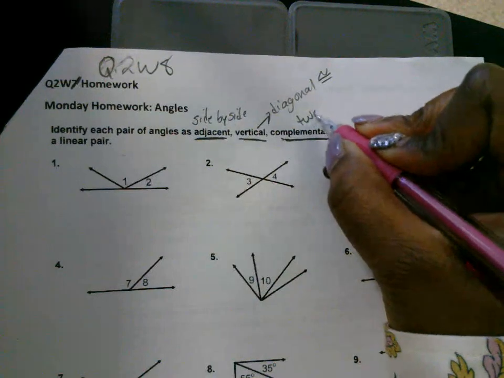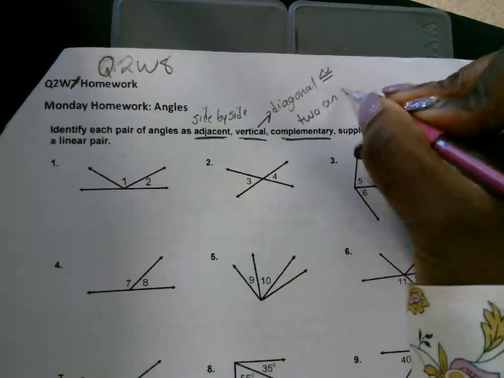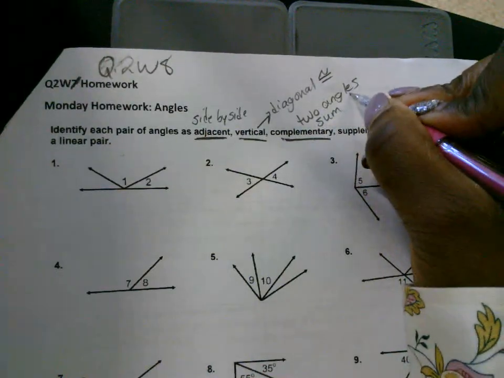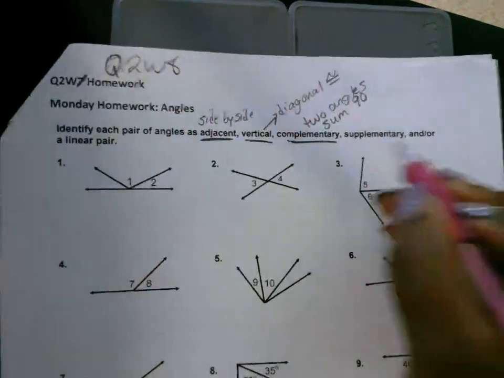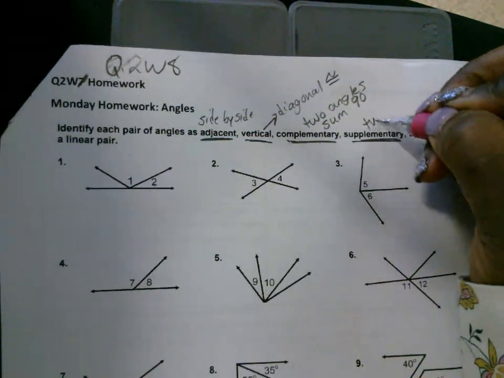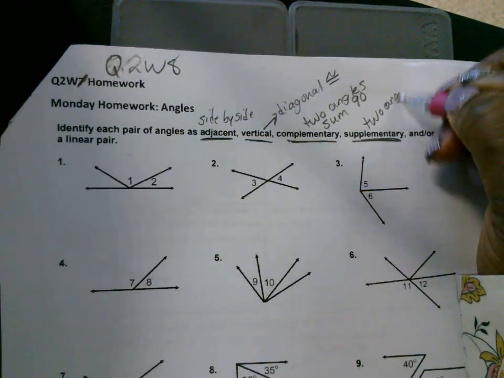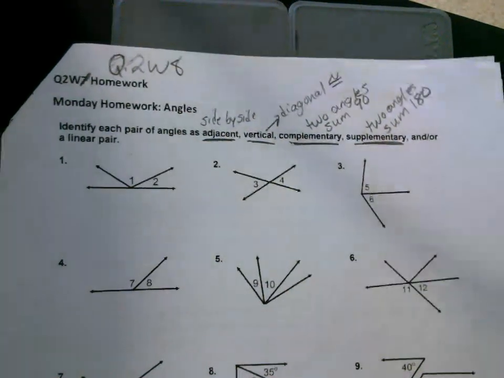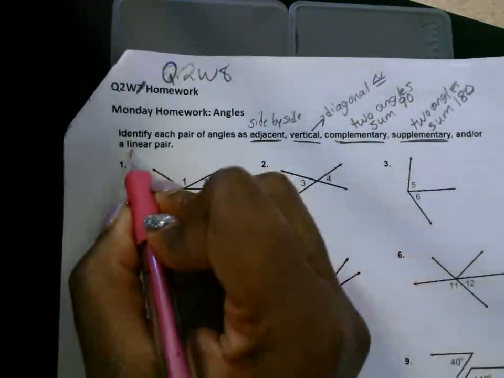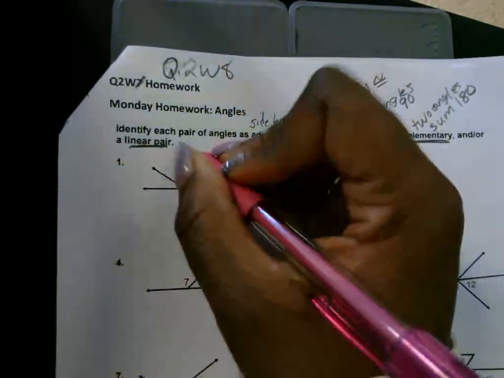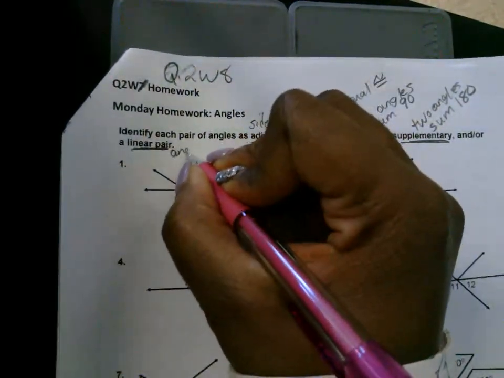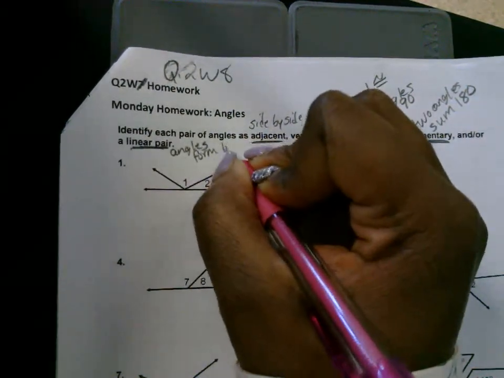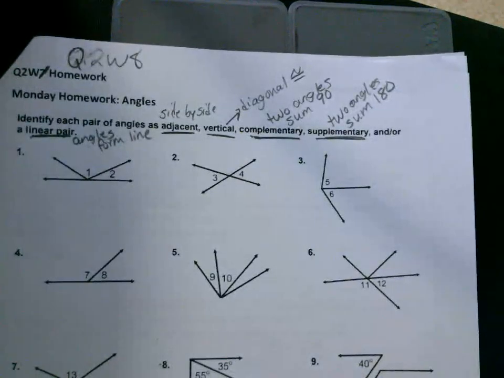Complementary is two angles whose sum is 90 degrees. Supplementary is two angles whose sum is 180 degrees. And a linear pair are two angles that form a straight line. Okay? So those are the definitions.